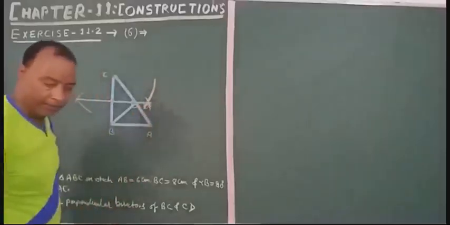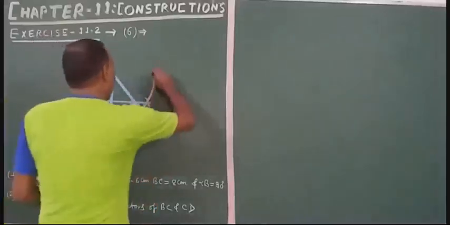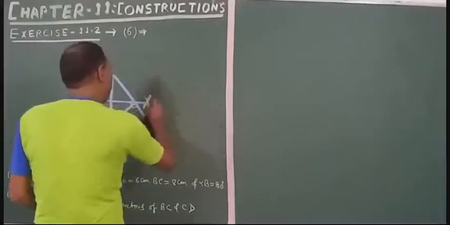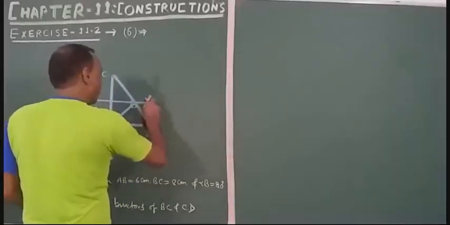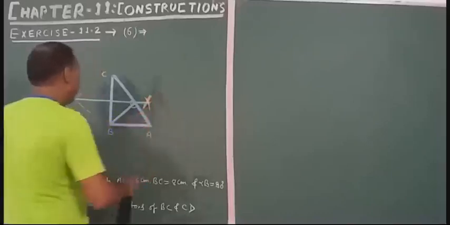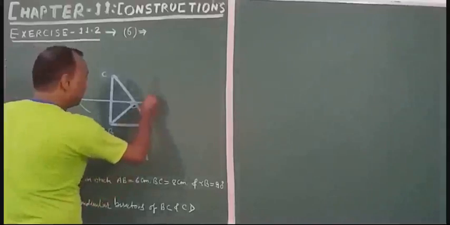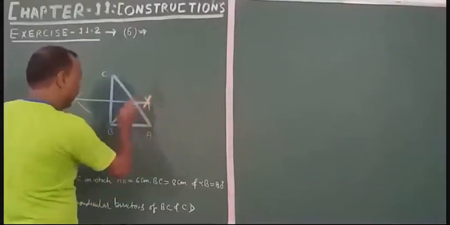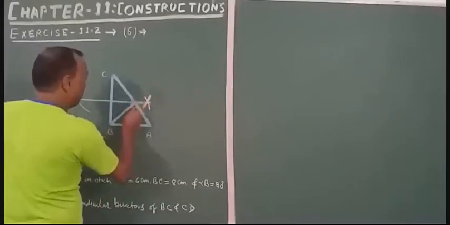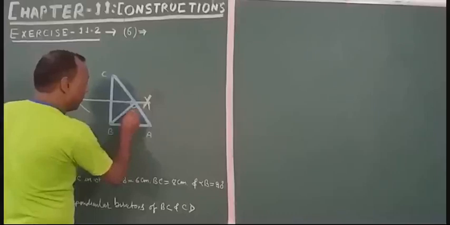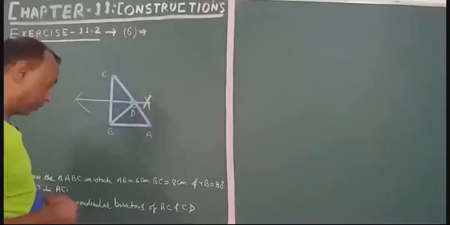This was the point D. Extra part we are omitting. This was point B. And now the perpendicular bisector of CD.